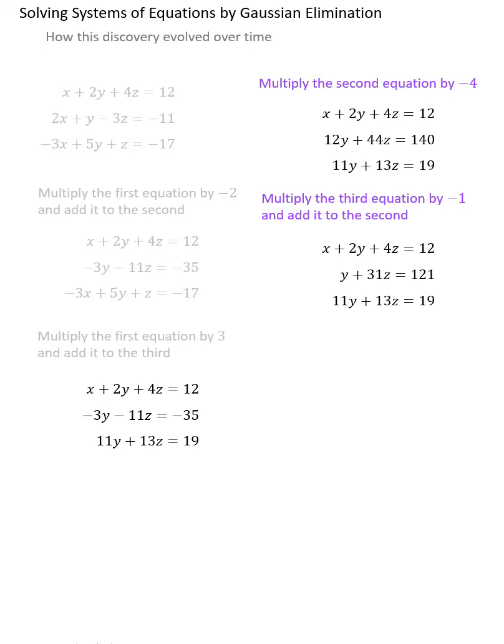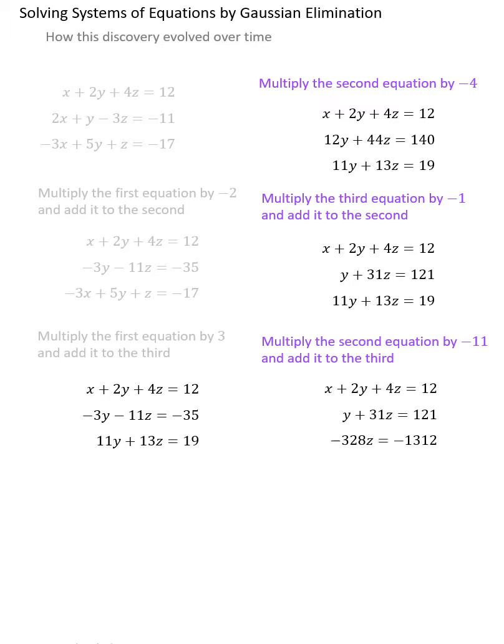And then I could multiply the second equation by -11, thus using that newly created 1 when adding to the third equation to cancel out a y. And this is the result of all of that work.